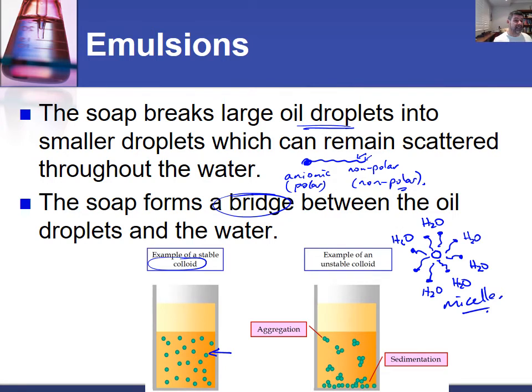But we have unstable types of colloids too, where we get sedimentation. A flocking process can assist that, and also aggregation. And again, flocculants can help do that process as well, which is just bringing the different molecules together so that they start to clump, and either they will remain sitting in the water column, or depending on their density, will either rise to the surface or sink to the bottom.